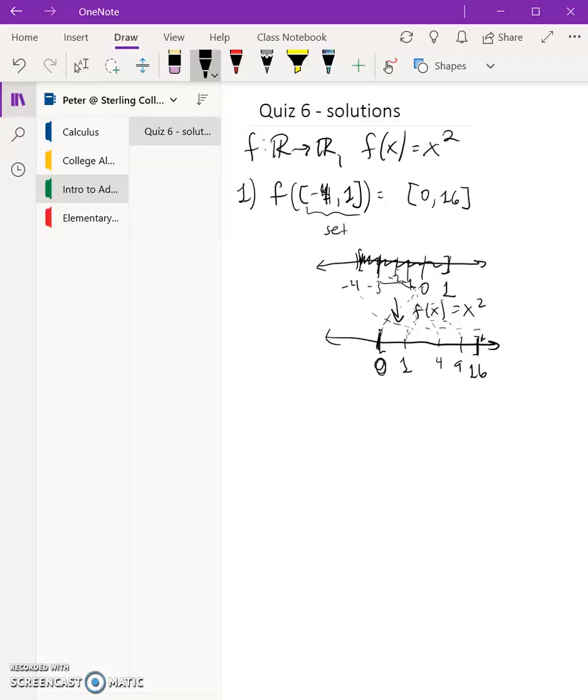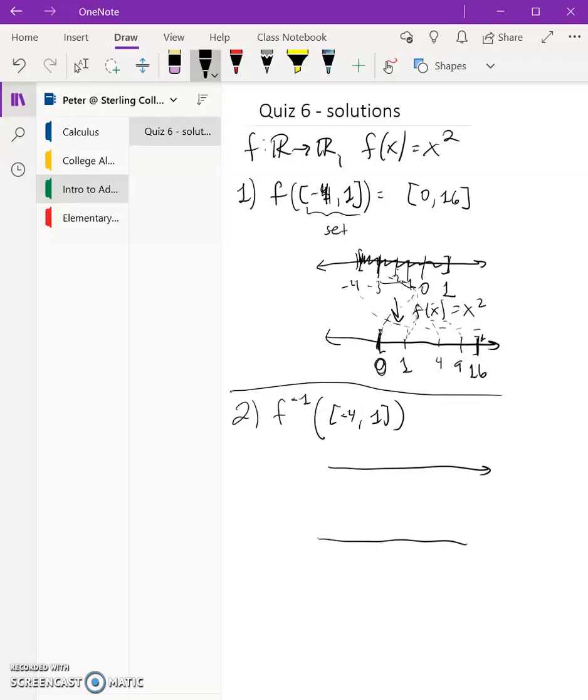Then if we go on to question 2, what we're asking for instead is the inverse image of this set. So the inverse image of -4 to 1. So instead, if we use this number line way to visualize it, you're looking at the set -4 to 1, and you're trying to figure out what was here that got mapped to these numbers.